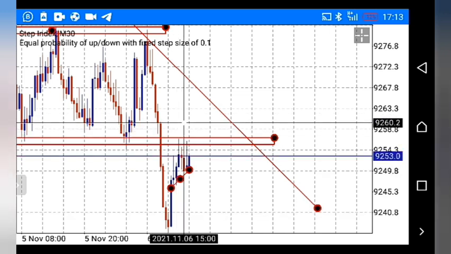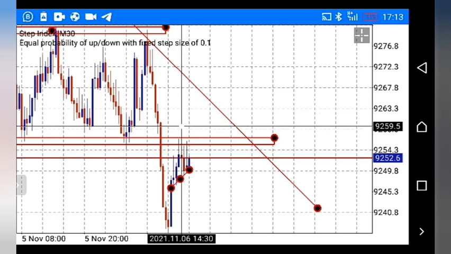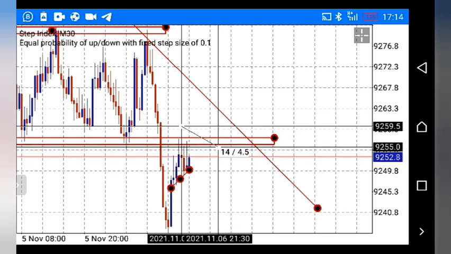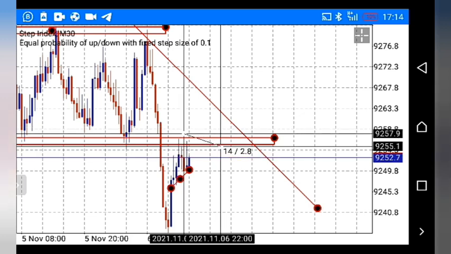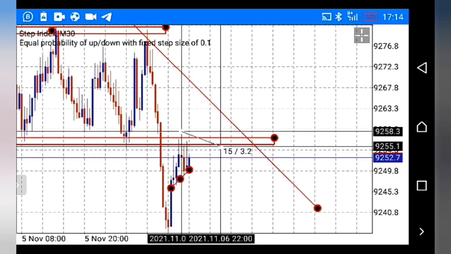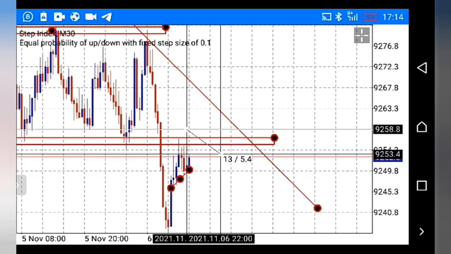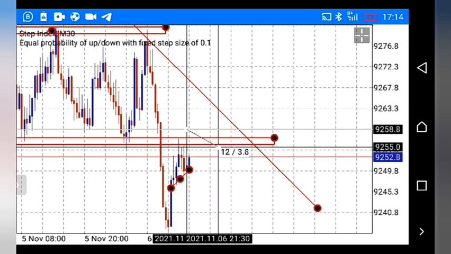Okay guys, you can see the risk reward ratio is very good. If I'm putting my stop loss here, this is where I want to make my entry. If I enter here and then put my stop loss on this line, then this is about 3 pips.